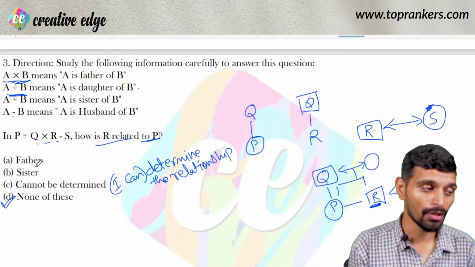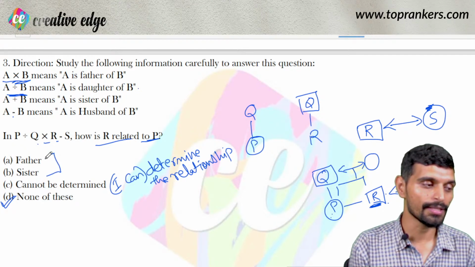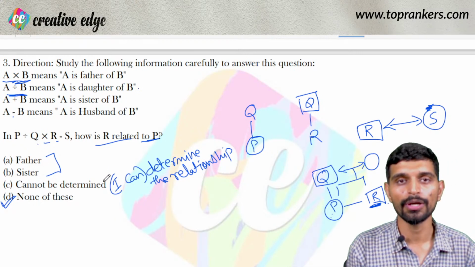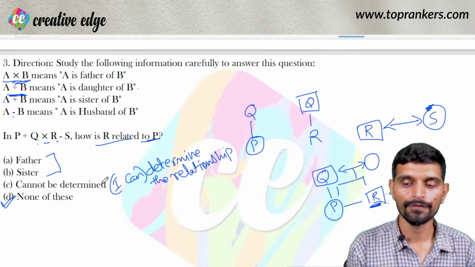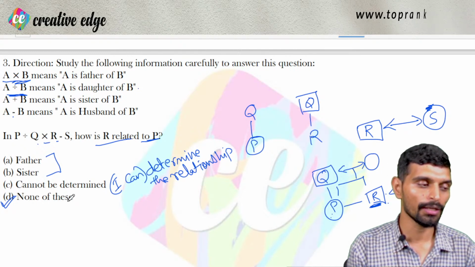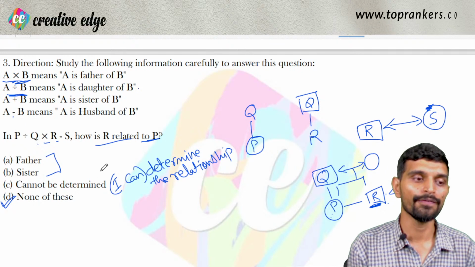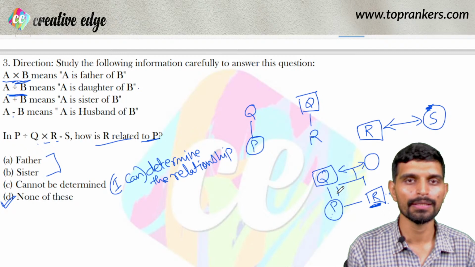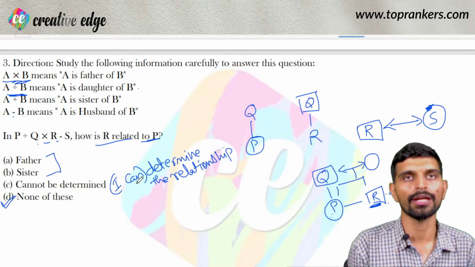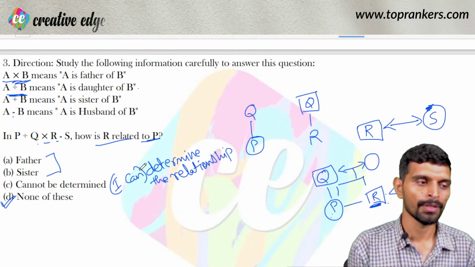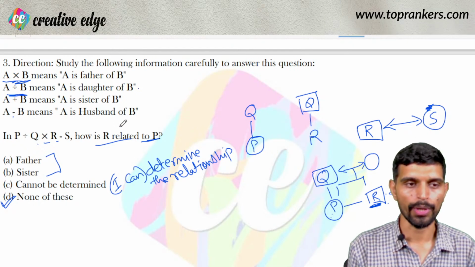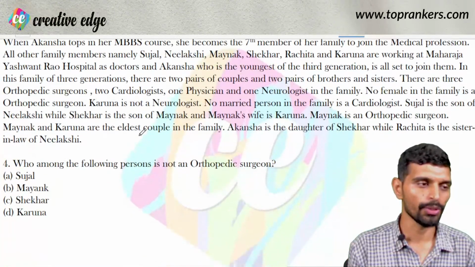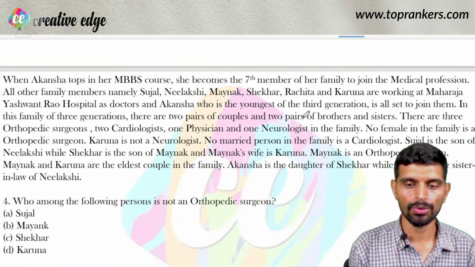If your answer is not available in these, and you can certainly calculate, you have the surety of the answer, then please mark none of these as your answer. And if the gender of R is not known, let's say in certain situations, then you will go with cannot be determined, right? So be careful with these questions, and let's see another possible situation where a caselet is given to us.